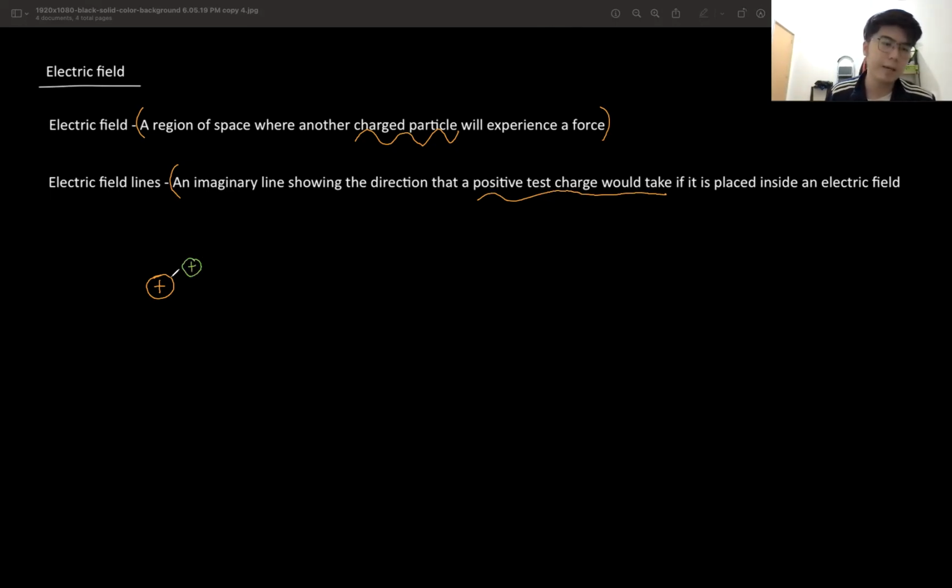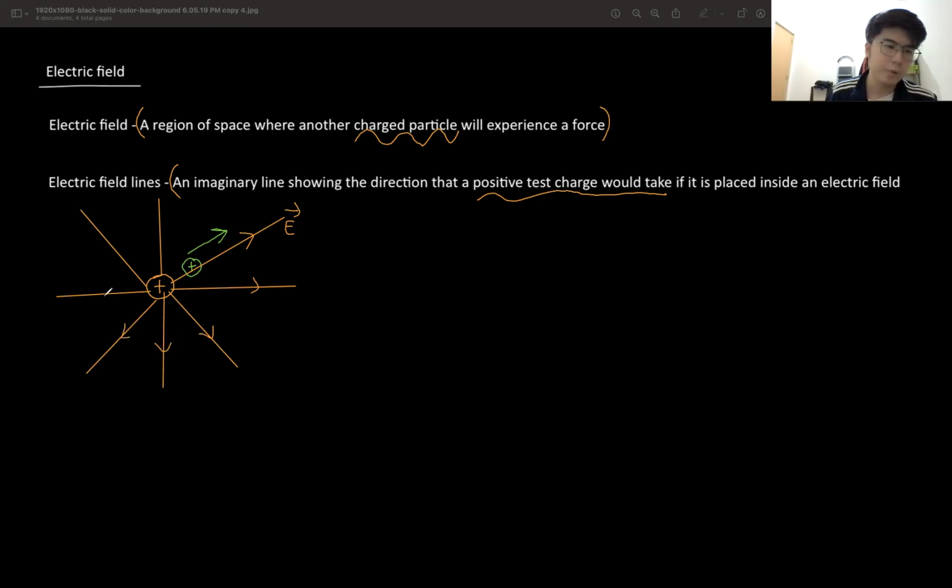Where will it move? Obviously, it's going to repel. So the movement forms the electric field lines. You have to follow the movement. If it moves away, then your electric field line is pointing away like this. It has a direction, so you have to show it is a vector. Here, the electric field is directed outward from the positive charge.